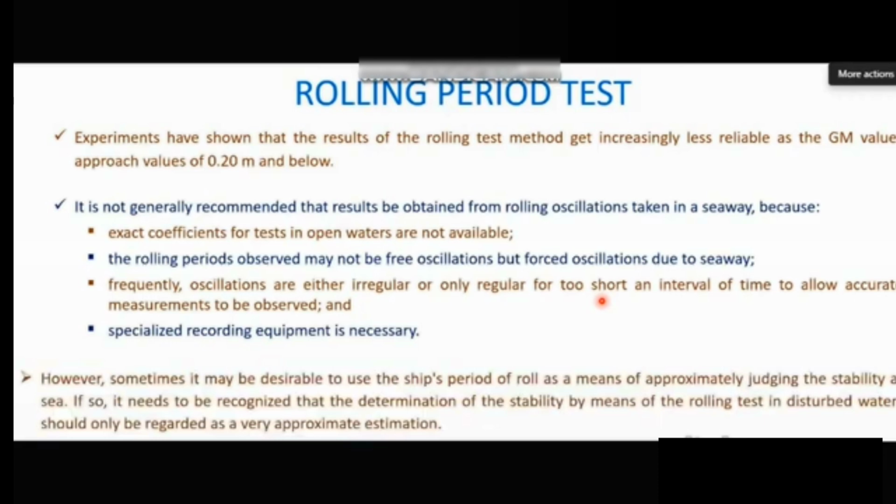However, sometimes it may be desirable to use the ship's period of roll as a means of approximately judging the stability at sea. If so, it needs to be recognized that the determination of stability by means of rolling period test in disturbed water should only be regarded as a very approximate approximation, and there should not be over reliance on such results.